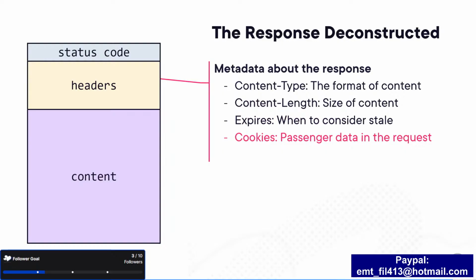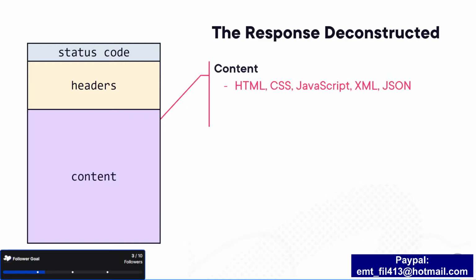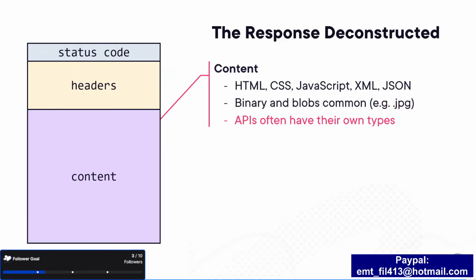And this way, the client can have some state that it can send with the request that it's going to get back. And there's lots more headers. And finally, the content. Just like in the request, it can be common types, blobs, but you can also have your own types in there, formats that only you, the client, and the server have agreed on about what those types look like. Let's take a look at this in practice.